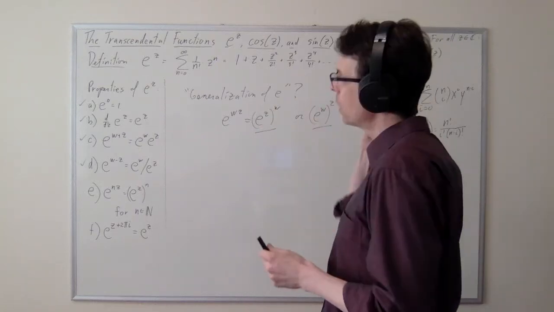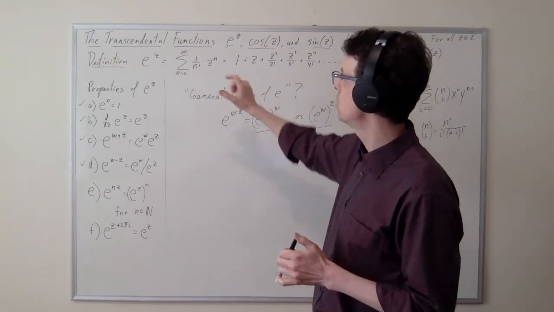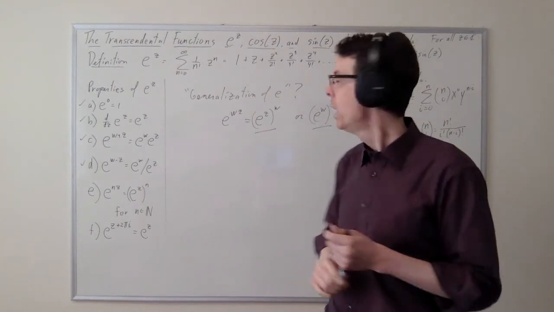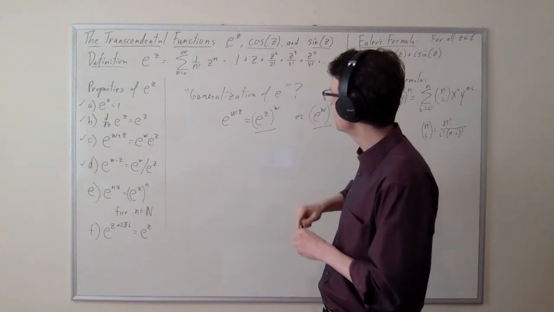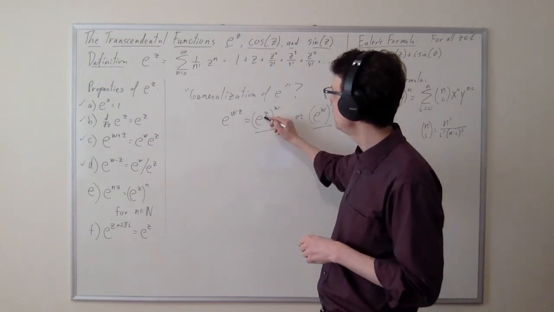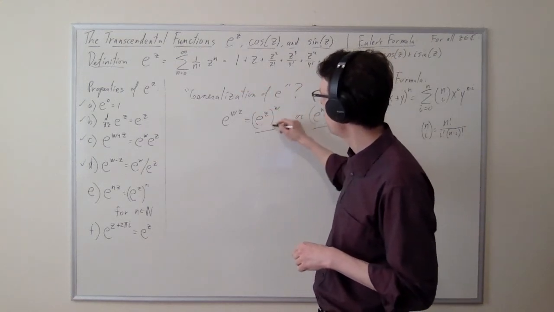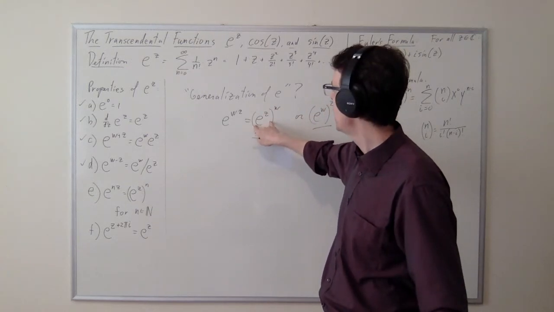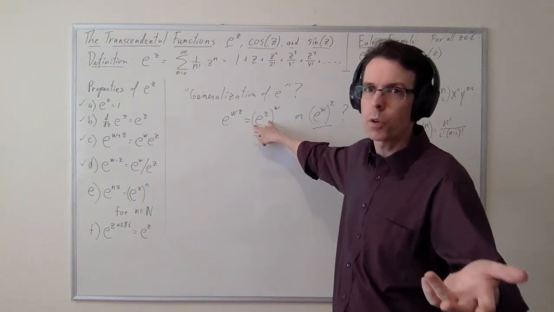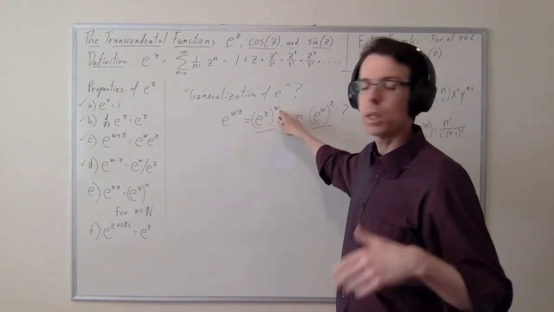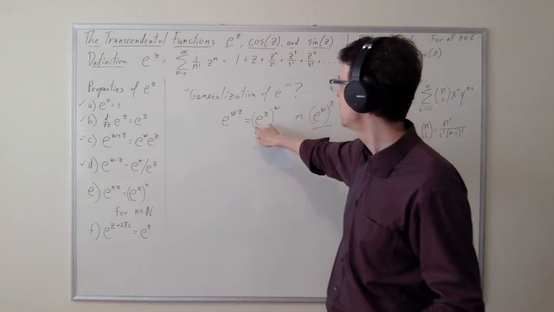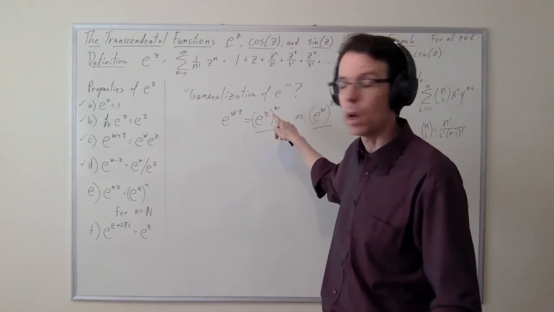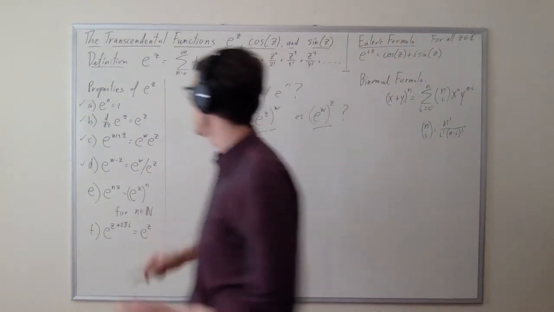Nothing about this work gives us a general form for any complex number raised to any complex power, and we would need that to interpret this, right? e to the z is by definition this, so this part inside the parentheses is okay, we have a definition of it. But then that's going to give you some other crazy complex number. And to raise that to an arbitrary power w is basically arbitrary complex exponentiation. And we don't even have that defined yet. So I can't do that. Over here, though, we do.